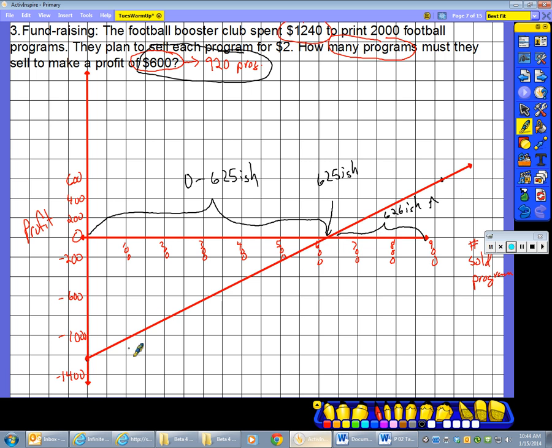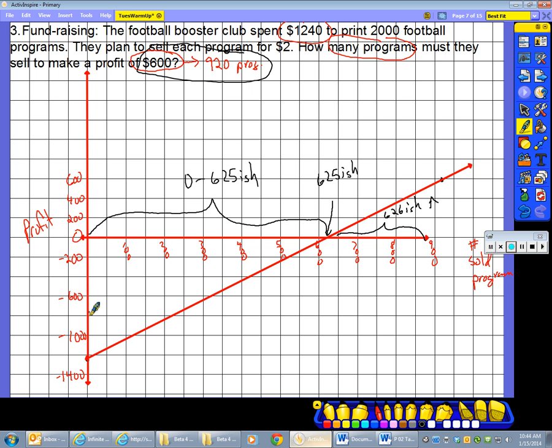So that's why we're doing a graph, to get an idea of how these two variables are related. I can see when I'm losing money, and then in this section, oh look, I'm starting to make some money. So that's why we do this. Sorry, I'm struggling a little bit trying to fit it on here, but I think that's a good representation, because when you're making it on graph paper, there are going to be times when you have to double check yourself, maybe erase it and say, oh, well, that scale's not going to fit, I need to do a new one.